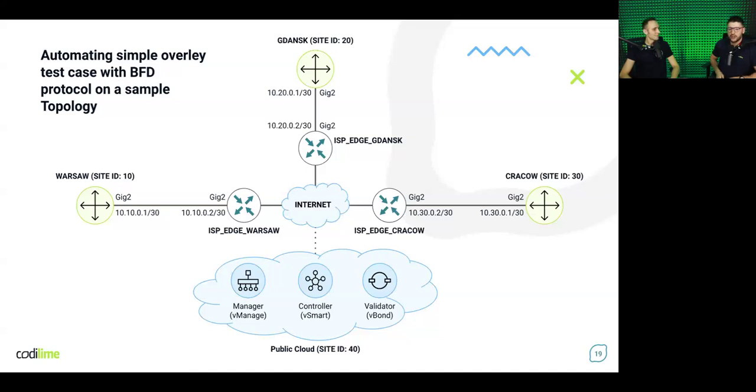This should trigger a change in the BFD session status. We will then query vManage again to check the BFD sessions of Site 10, and at this point, we anticipate a discrepancy in the session count due to the simulated outage. And after documenting the failure, we will restore the ISP link by re-enabling the GigabitEthernet2 interface and verify that BFD sessions return to their expected state.